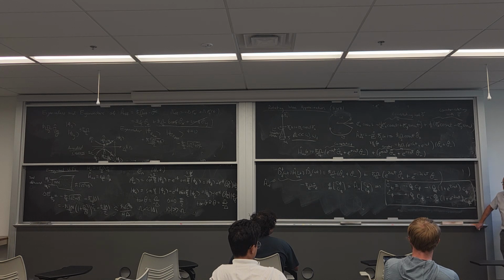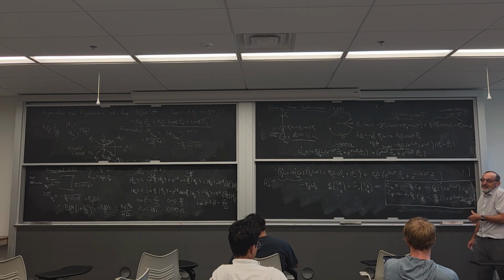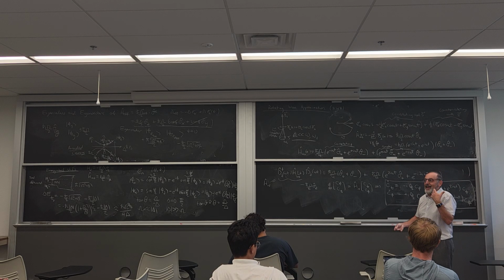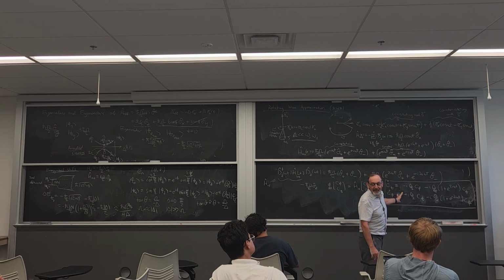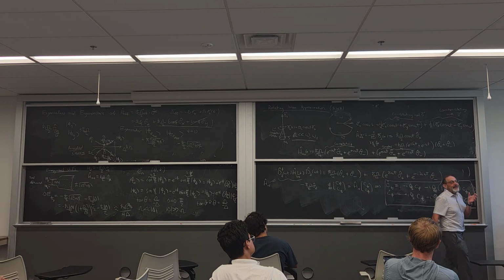Get rid of e to the 2i omega t. I mean, this is an ODE with time-dependent coefficients. Those generally are hard differential equations to solve. In fact, they generally are chaotic and all kinds of things you really have a hard time solving.